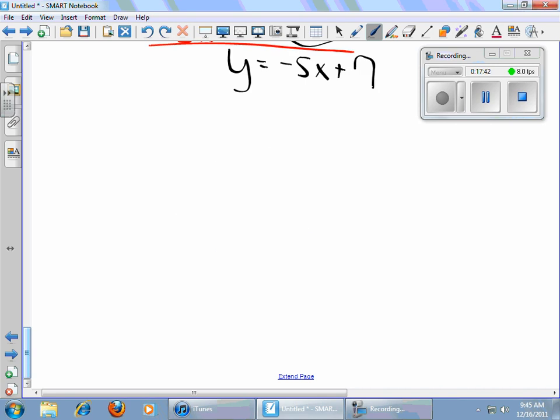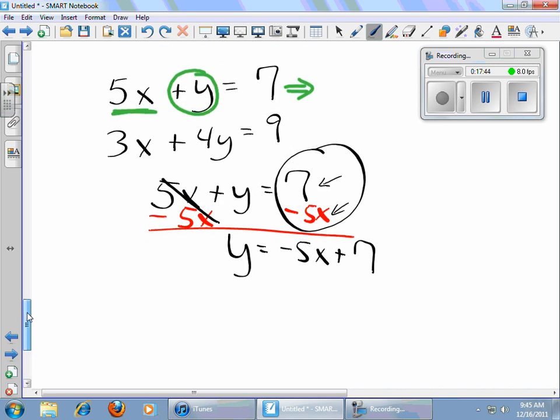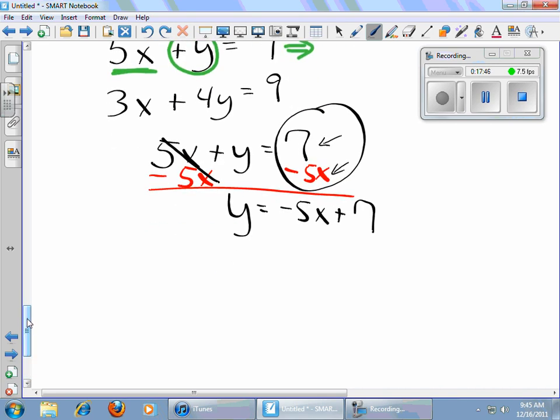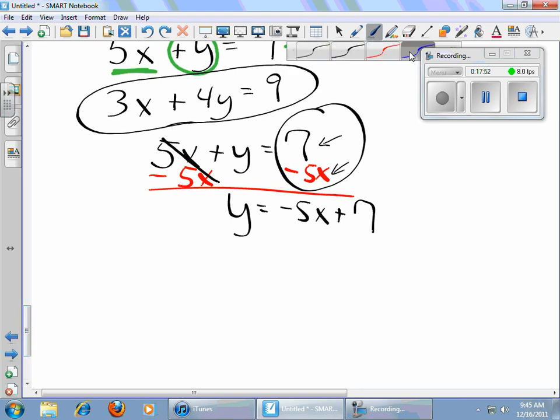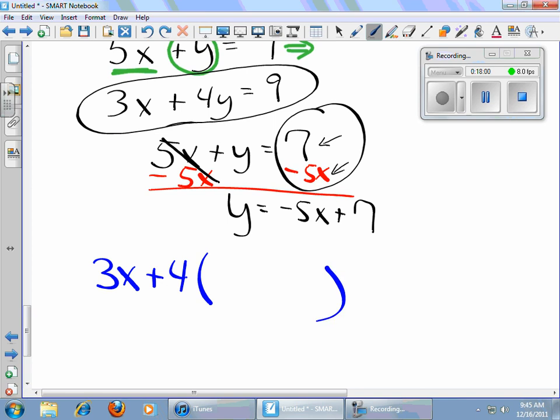Well, if I know that y is the same as negative 5x plus 7, I can take this equation here, and I'm going to rewrite it. 3x plus 4, start a parenthesis. What do you think I'm going to put in the parentheses? That's right, I'm going to substitute in what y is equal to.